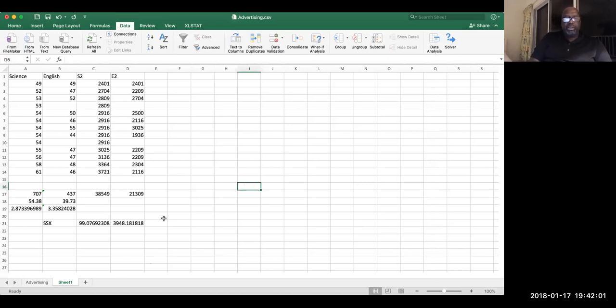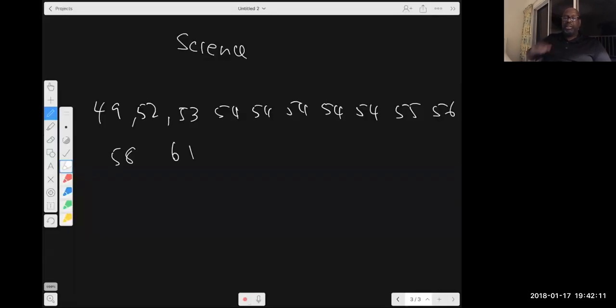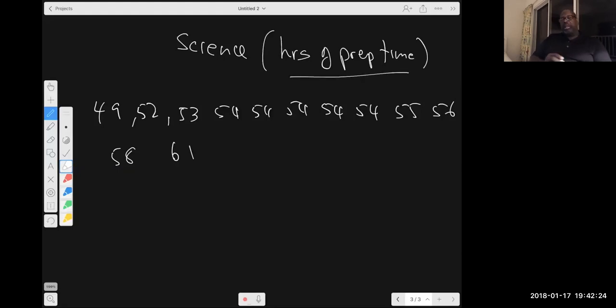So we're going to do this for science teachers. Let me switch screen now so that you could see what I'm about to do. So here's the data for the number of hours of prep. So you can take that down. So if I want the sample mean, it's just simply the sum of the x's divided by n.